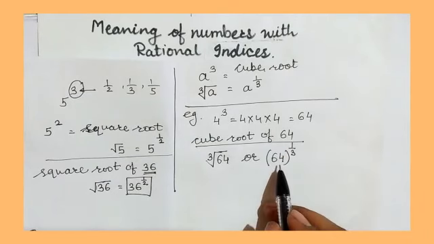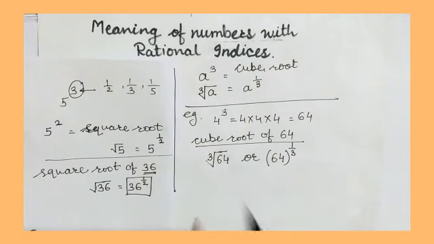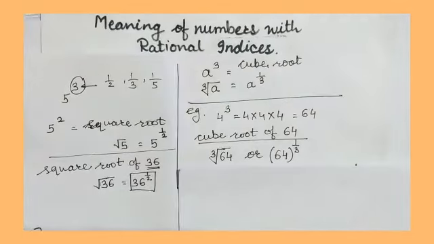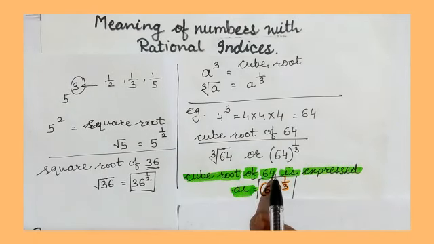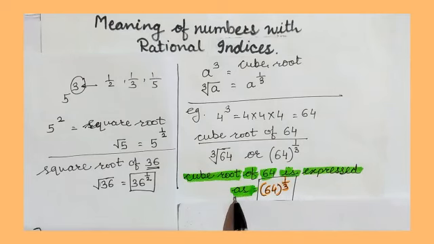So this is the cube root of 64 and this one is also the cube root of 64. It means that the cube root of 64 is expressed as 64 raised to 1 upon 3.